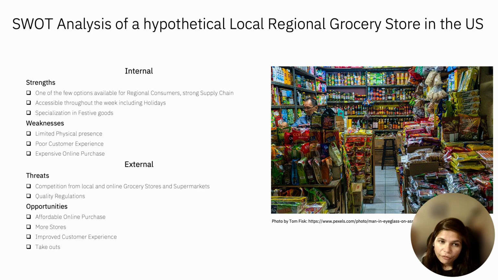Looking at some of the external factors, so external factors can be threats. What can be the threat for this grocery store? The threats can be, there could be competition from local and online grocery stores and supermarkets, which can very well, because of their presence in the local market, work with the suppliers to provide those items too in their stores.